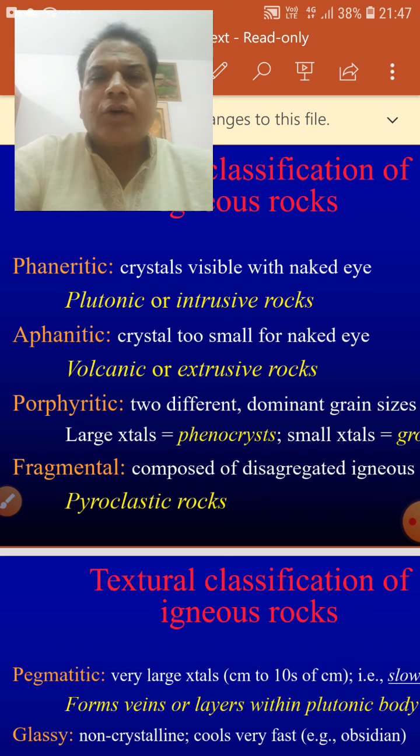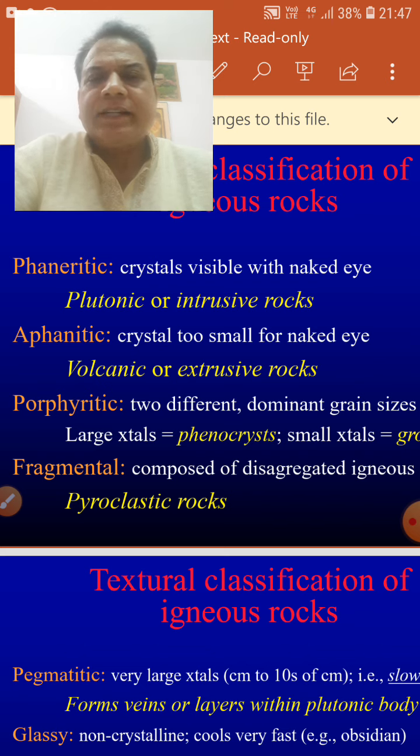Then the third is the porphyritic. Porphyritic means the rock is composed of two different dominant grain sizes. The large ones are called the phenocrysts, and the smaller ones in which they are embedded are called the groundmass. Now, if you can identify them in hand specimen, they will be called megaporphyritic.